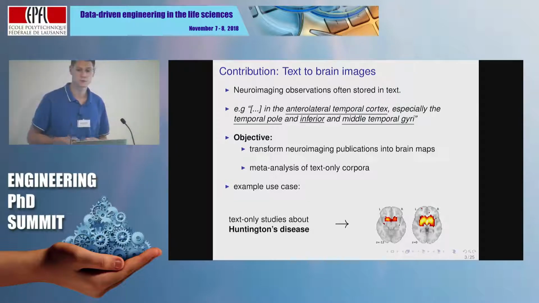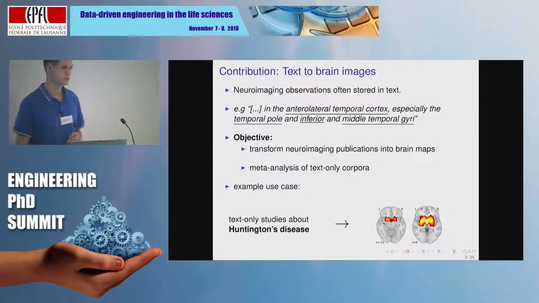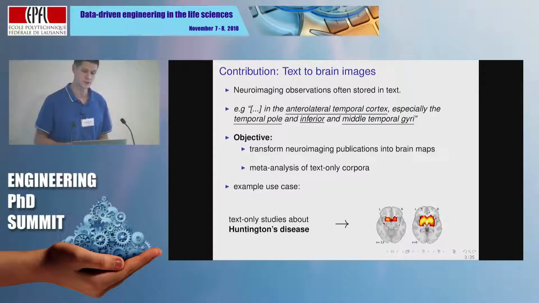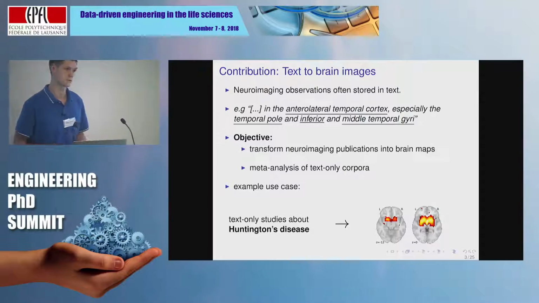So what we want to do in order to be able to perform statistics on their findings in brain space is to map back this text to the original brain space and reconstruct a brain image that we can associate with this study. And then we can pull many studies together and perform some statistical tests.